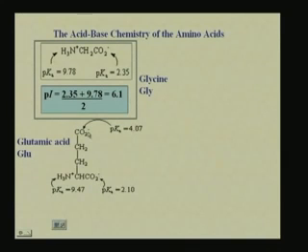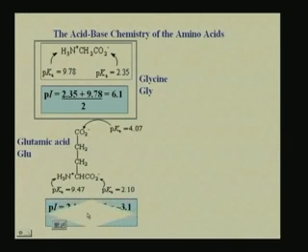So in between these two my charge is 0. So what is my pI value? 2.1 plus 4.07 divided by 2. The net charge of the solution will always be 0. The net charge on the amino acid depends on what the pH of your solution is. If you have a pH corresponding to the pI, then the charge on the amino acid is 0.